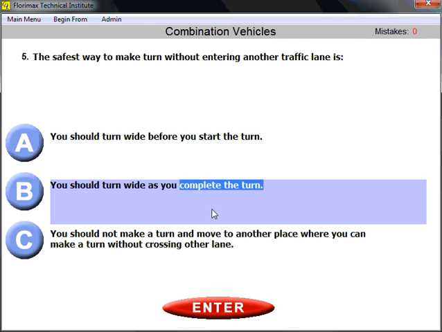In other words, at the end of your maneuver, when you complete the turn, that's when you need to swing wide, to turn wide. Not when you start, not at any other moment. When you complete the turn, you should turn wide.